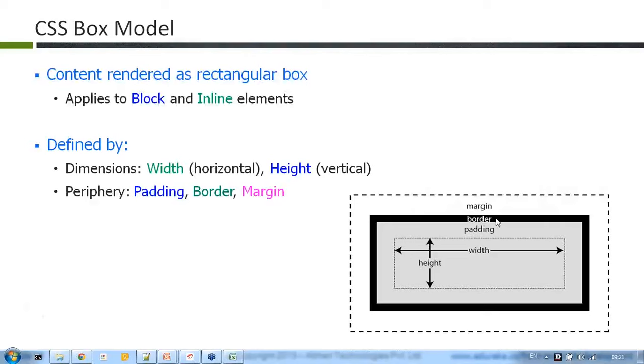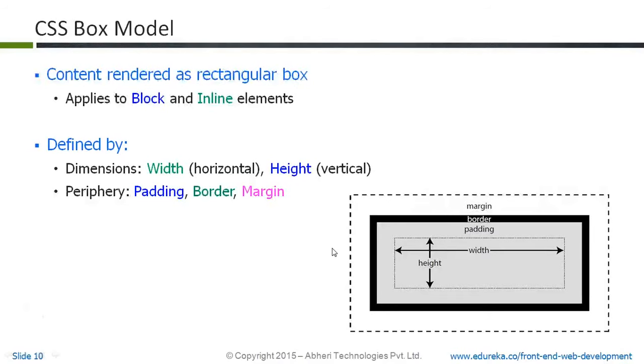The border can have the same color or a different color depending upon your styling, but the background color of the element is not applicable for margin. It is applicable only for the padding. Okay. So let's look at a little more in detail.